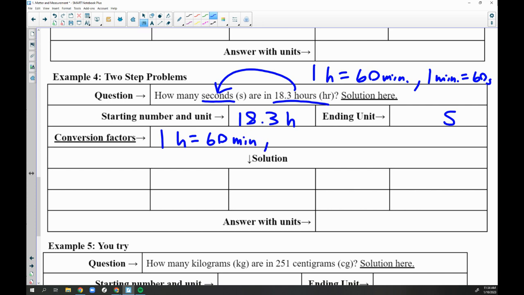That's going to be my first step, to convert from hours to minutes. And then 1 minute equals 60 seconds. That's going to be my second step, to convert from minutes to seconds. Give you a second to absorb that. Any questions?